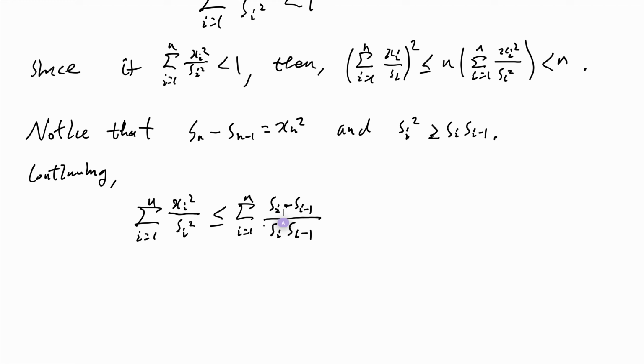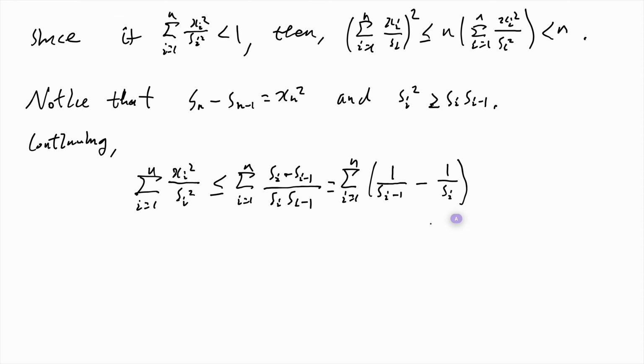Then here comes the next genius part. Yes, this is equal to 1 over S sub I minus 1 minus 1 over S sub I. Because, yeah, just make the common denominator, we know that this is true.